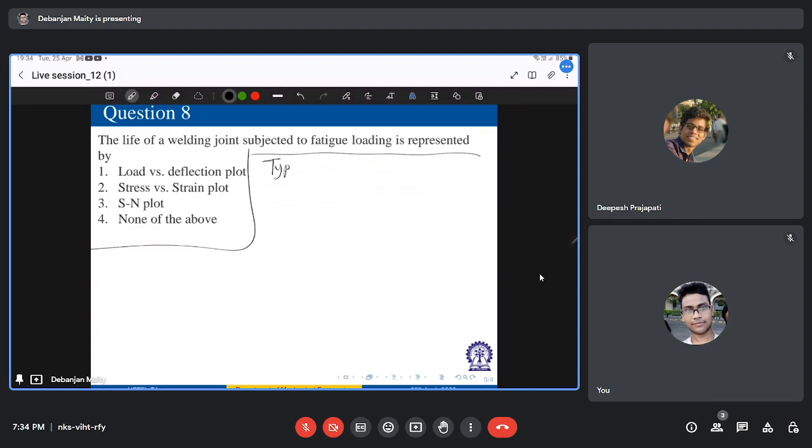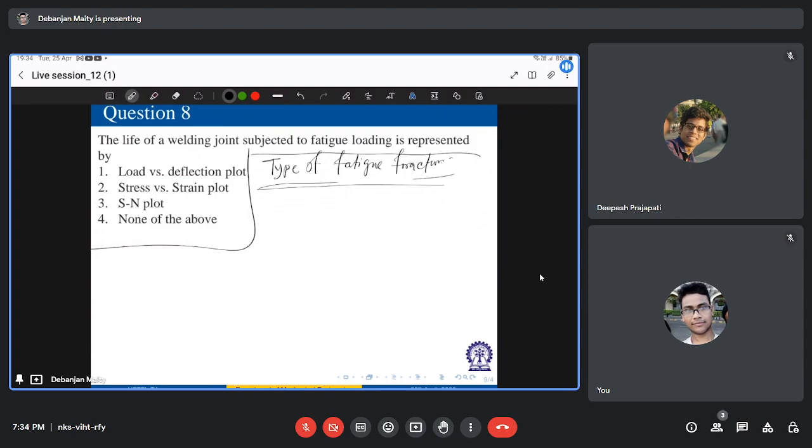Now, type of fatigue fracture. As we have discussed, you have this cyclic loading, and normally you have the failing of the components in terms of number of cycles it has sustained, right?